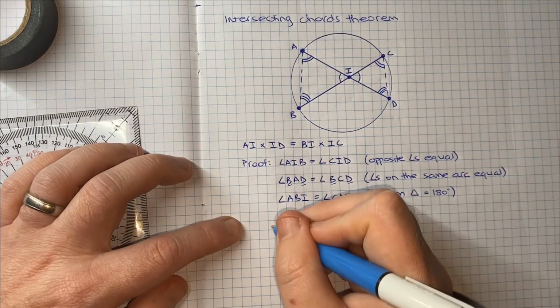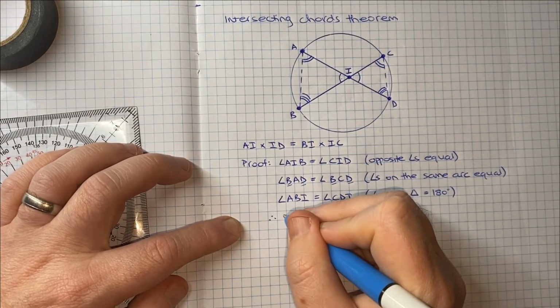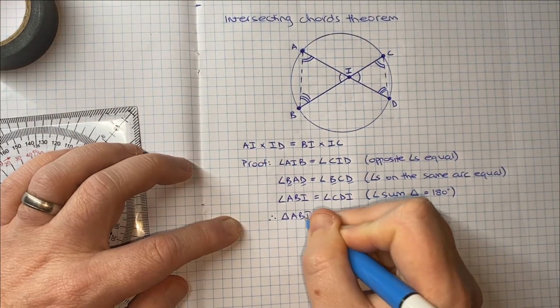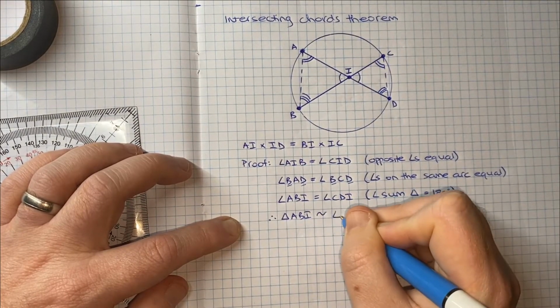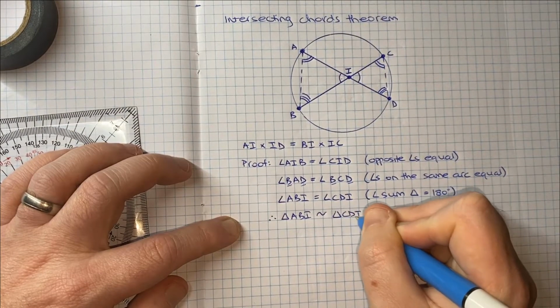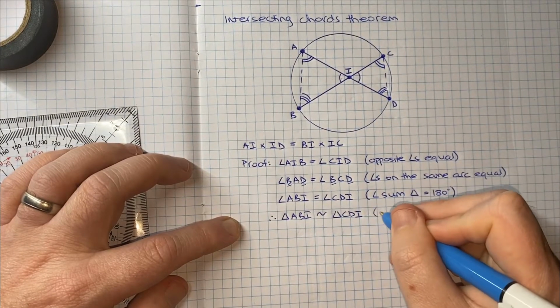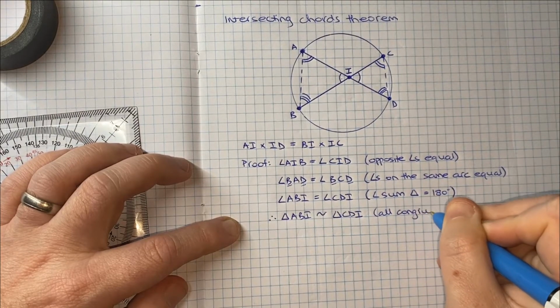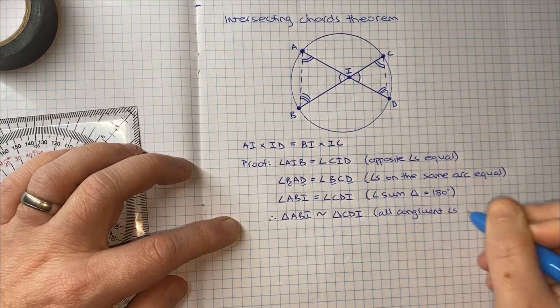So now, therefore, we can conclude that triangle ABI is similar to triangle CDI because all congruent angles, I'll say all congruent angles are equal.